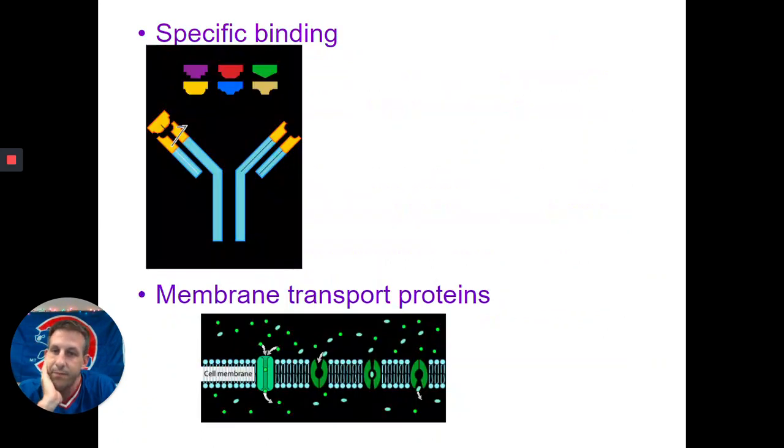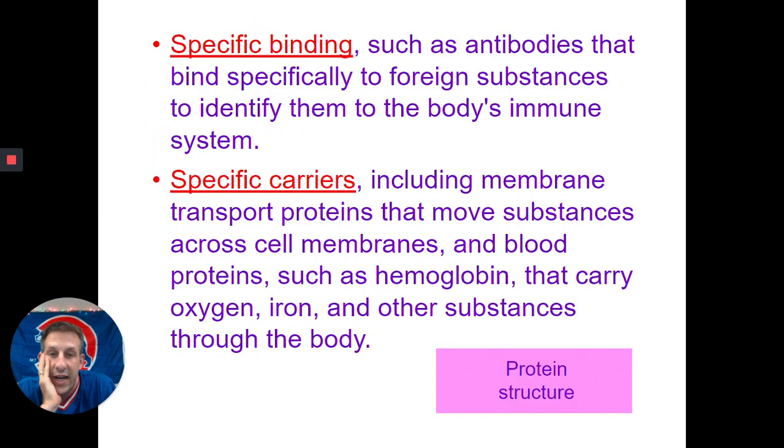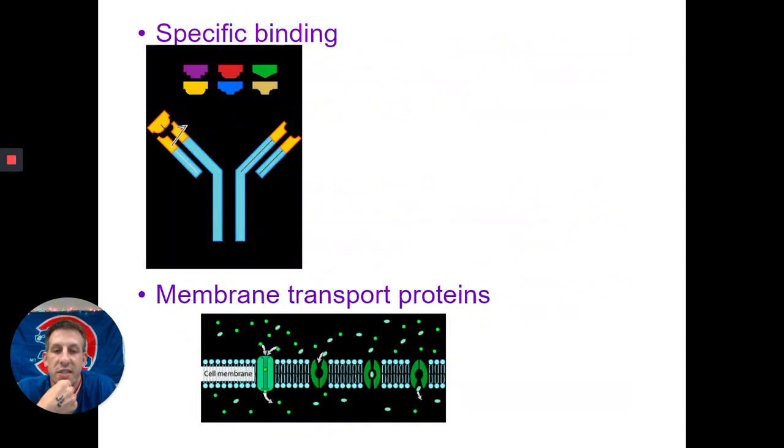Contraction. Our muscles are made up of proteins, and so they help with our muscle contractions, and also we utilize proteins in signaling. So there are pictures of some muscles, the fibers interacting with one another. Those muscle fibers are protein-based.